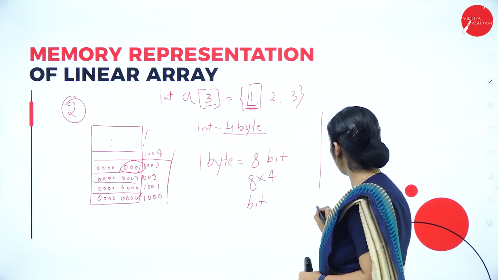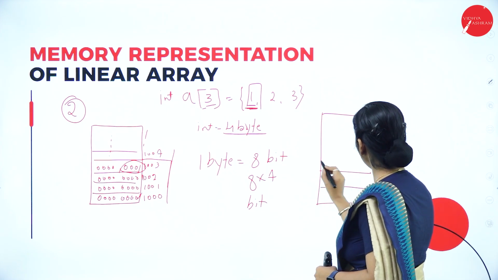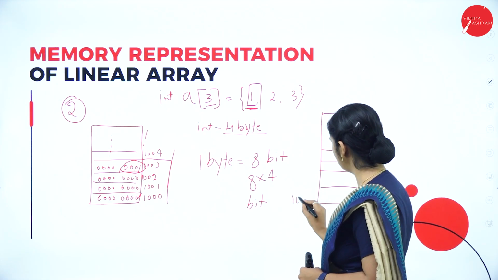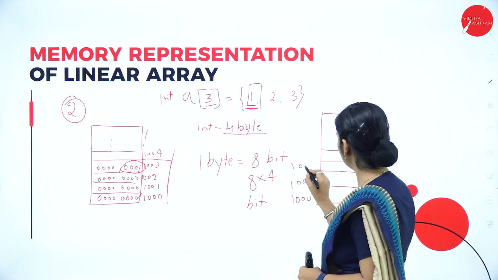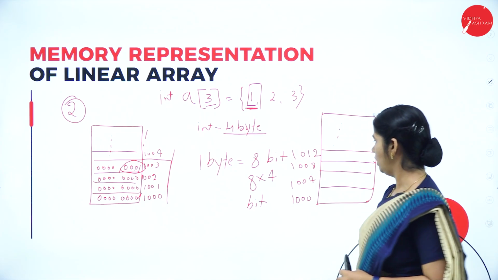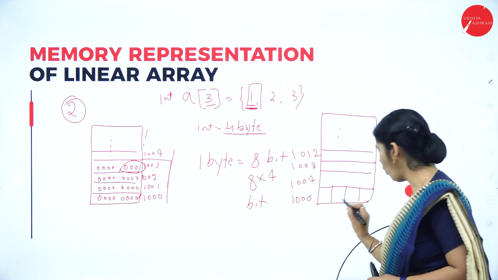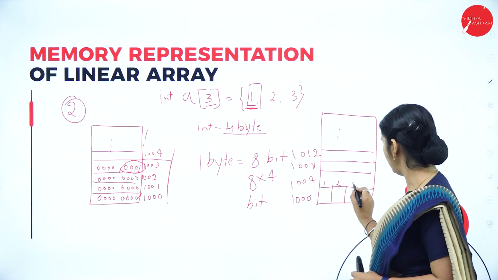Or I can represent it in one more format of the memory, where each block is 4 bytes: 1000, 1004, 1008, 1012, and so on. Each block has 4 bytes: 1 byte, 2 byte, 3 byte and 4 byte.